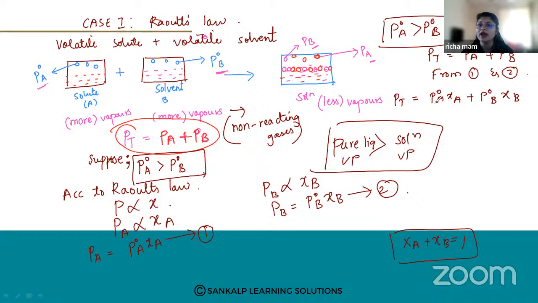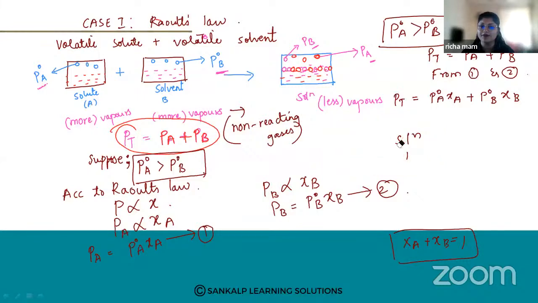So what I want to do is take everything in terms of P naught A, that is, in component A form. Now what will chi B be here?